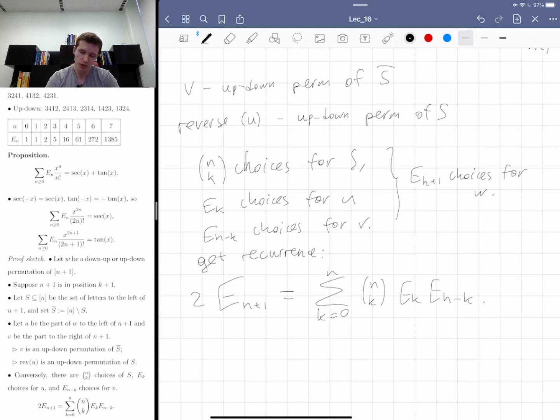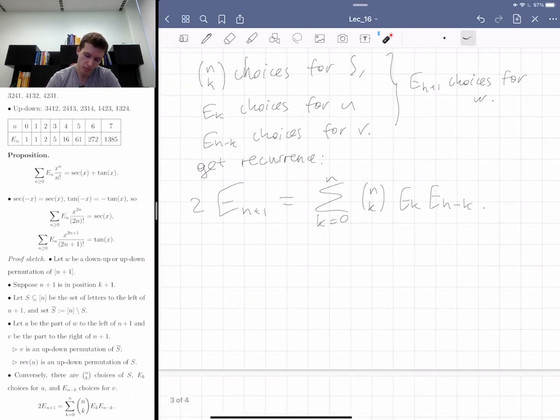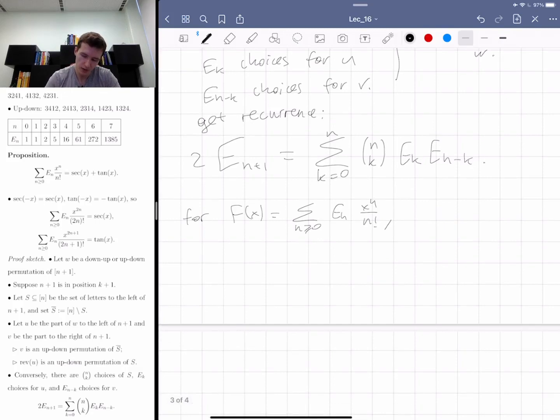For the Catalan numbers, we had a similar recurrence without the extra 2. Now you can convert this recurrence into an equation on exponential generating functions. Remember, if f of x is the sum of e_n x to the n over n factorial, let me interpret the left-hand side first.